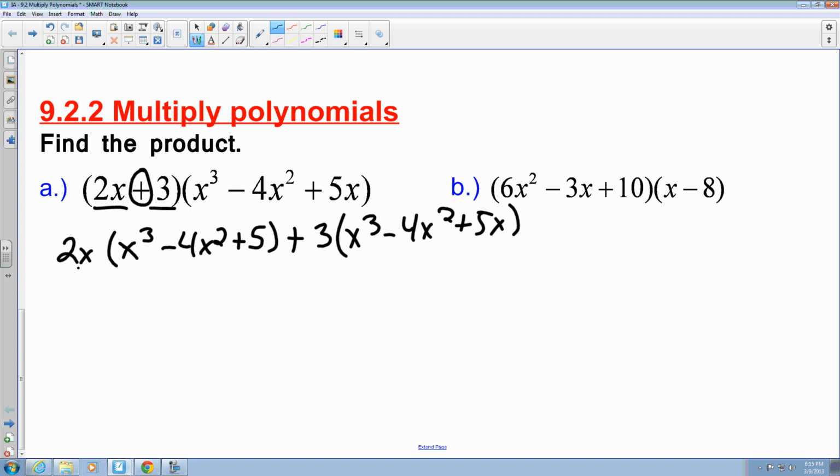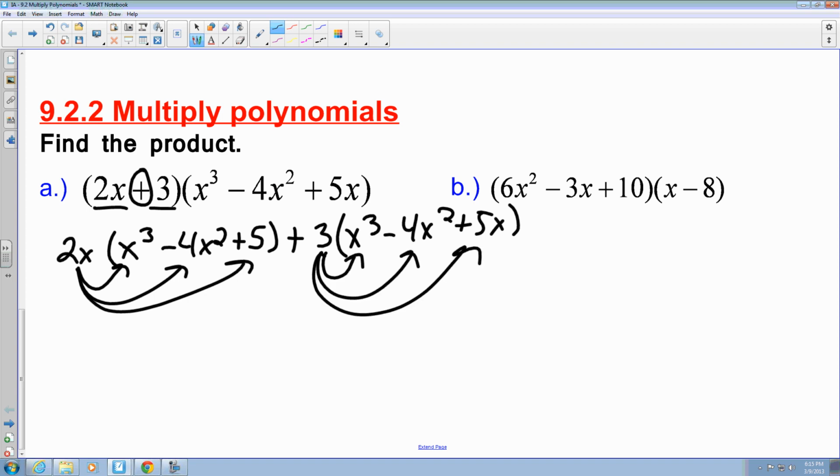Now I want to use the distributive property again for these values. So when I deal with the first set with the 2x, I'm going to get 2x to the fourth minus 8x to the third plus 10x.